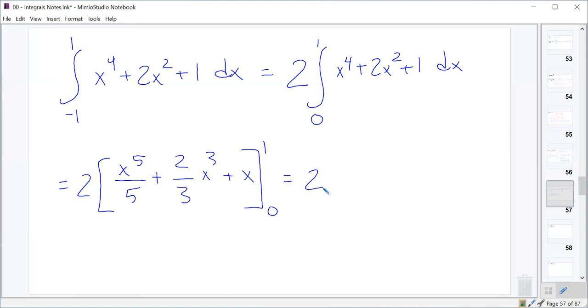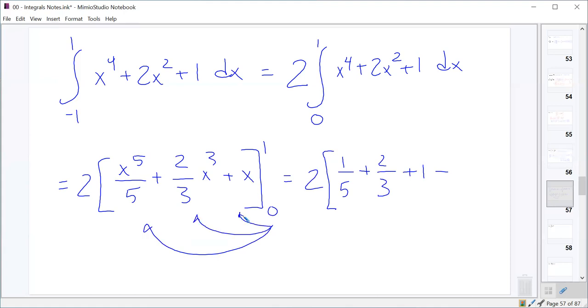So now we've got 2 times that 1/5 plus 2/3 plus 1 minus, well, when I evaluate this at 0, all of these pieces just become 0. Right? And so we can see now it's just 2 times 1/5 plus 2/3 plus 1. And if we were to go through there, that's, again, 2/5 plus 4/3 plus 2.